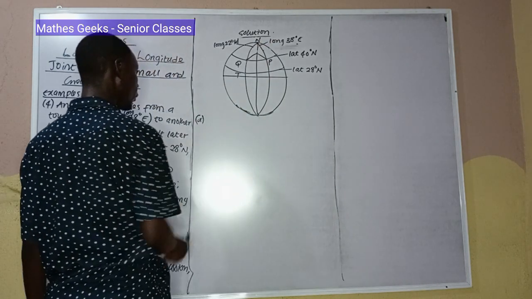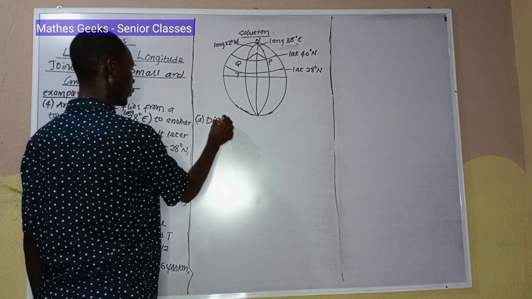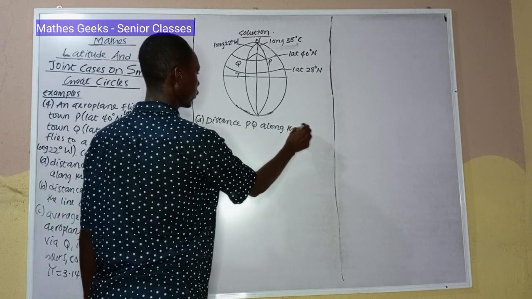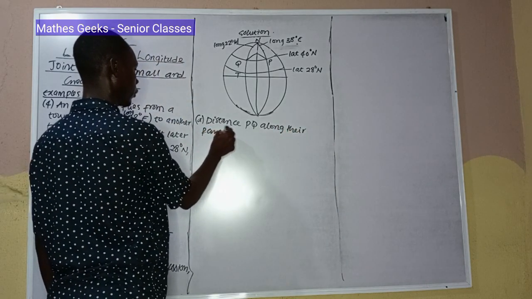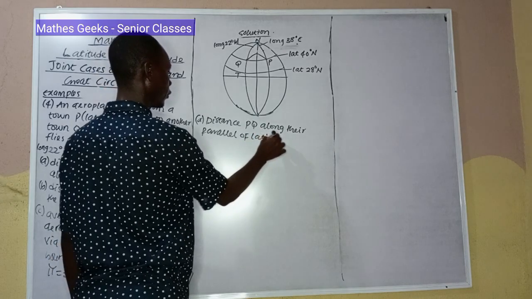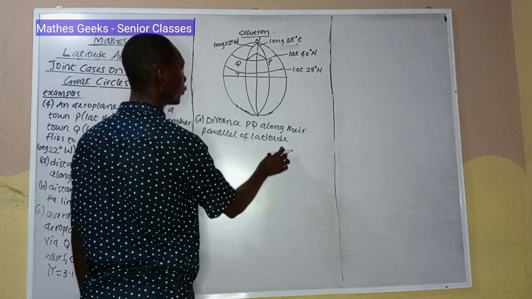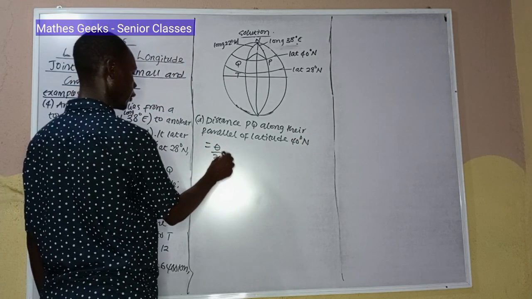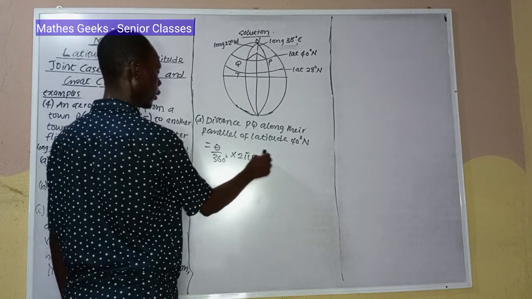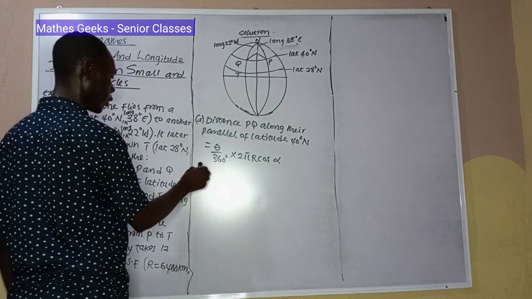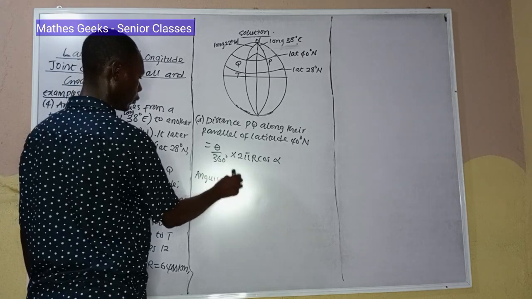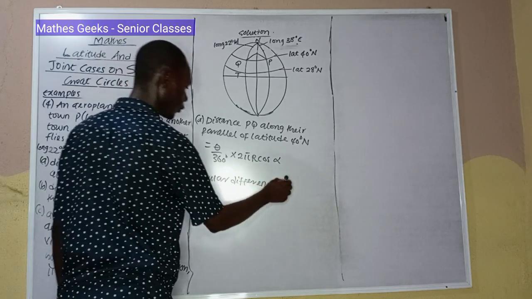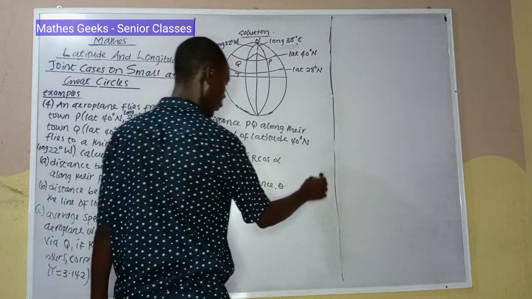So A, distance PQ along the parallel of latitude 40 degrees north is equal to theta over 360 degrees times 2 pi r cos alpha. The angular difference theta is the difference in longitude.